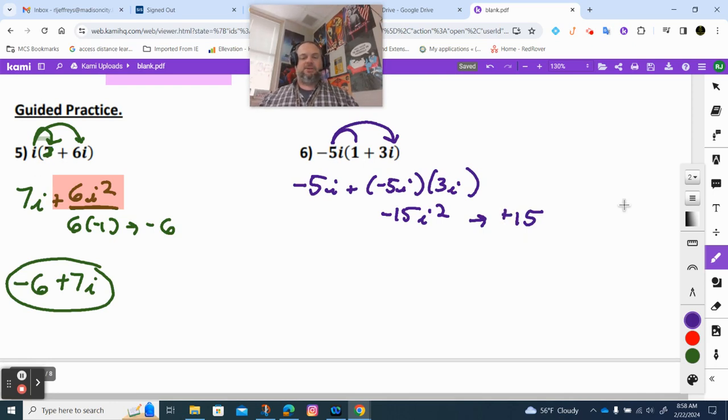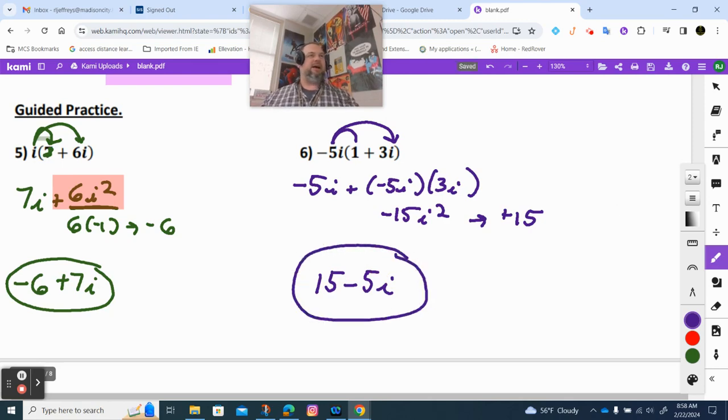So our final answer is 15 minus 5i. Now, again, shouldn't be too bad. Hopefully we kind of step through it easily for these two.